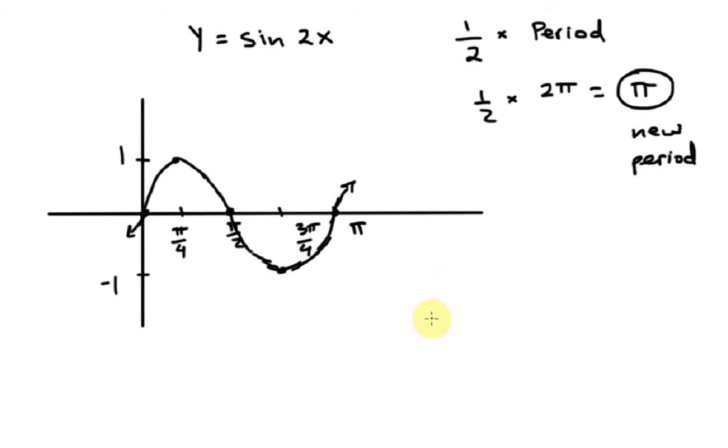All right, let's do one more example. This time, let's do a tangent. I told you we were going to do a tangent graph. So what if you had tangent of x over 3? The number in front of x is 1/3, so its reciprocal is 3.